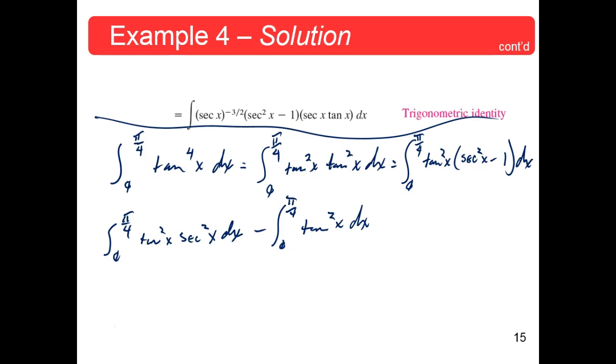Now, that is the derivative of tangent, right? So this first one's going to be pretty good to do. So let's do it while we can, before we forget it.